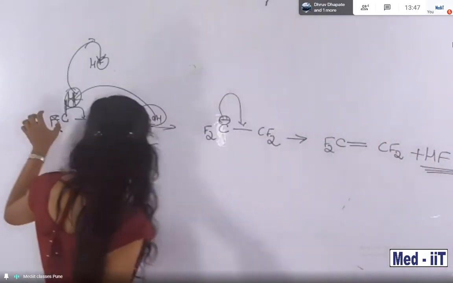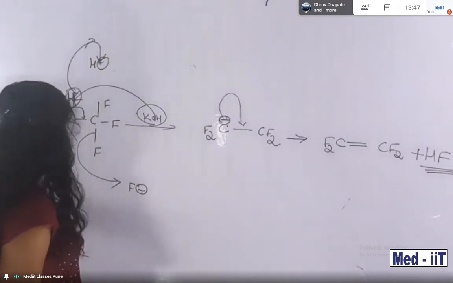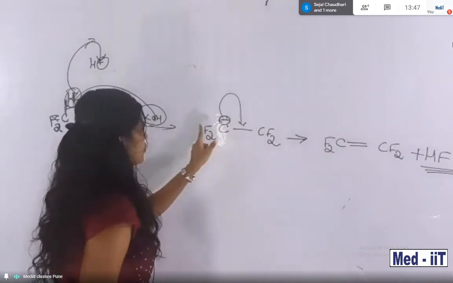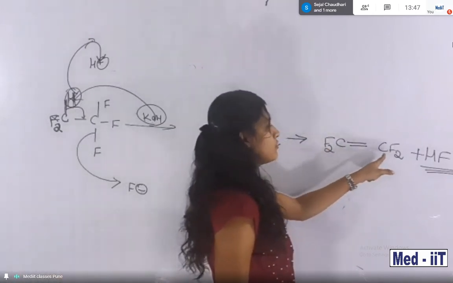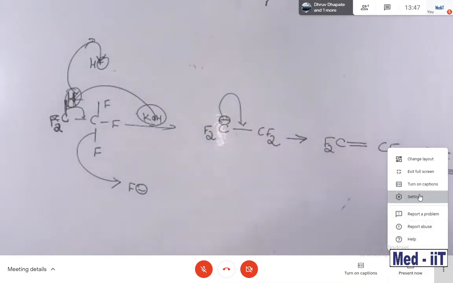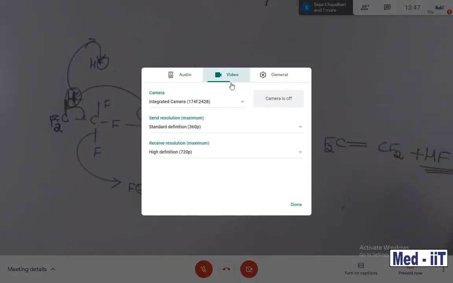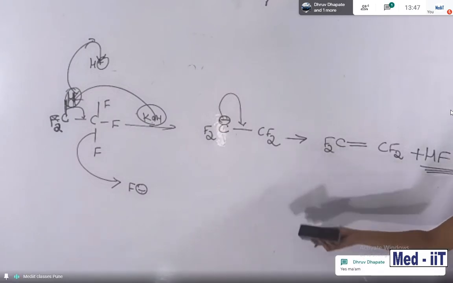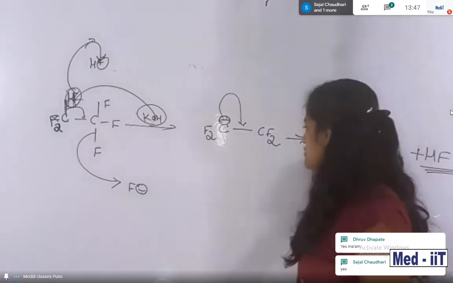So what about the remaining terms? This is CF2, forming a double bond here. Okay, CF2 double bond and then CF2. CF2 double bond CF2. This is the result. Okay, understood? Yes or no? Is it clear? Okay, so very easy.